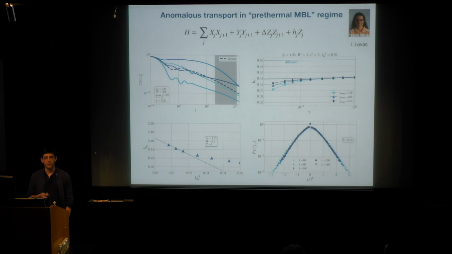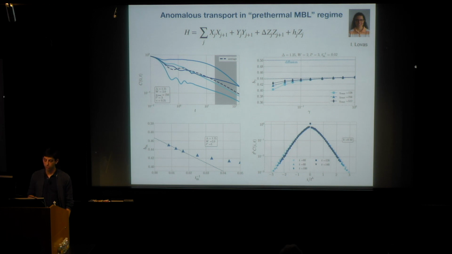But on the other hand, we see some interesting features that we don't really understand. If you look at a scaling collapse of the correlation function, and you rescale with the square root of time, which you would expect for diffusion, we get a fairly nice scaling collapse. But the scaling function that we find has some weird features. It should look like a Gaussian for diffusion, which is correct for values here in the middle. But first of all, you have tails that seem to be falling off faster than a Gaussian.